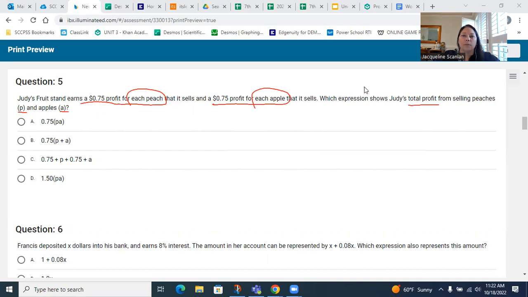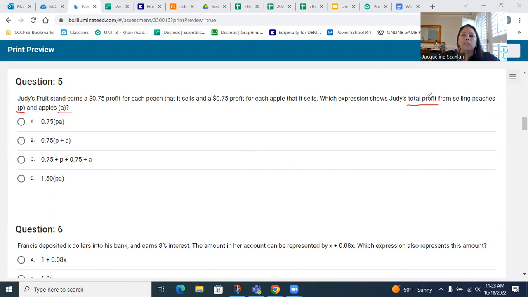All right, that's a big mouthful. Let's take a look at that one again. Judy's fruit stand earns 75-cent profit for each peach that it sells and a 75-cent profit for each apple that it sells. Which expression shows Judy's total profit from selling P peaches and A apples?